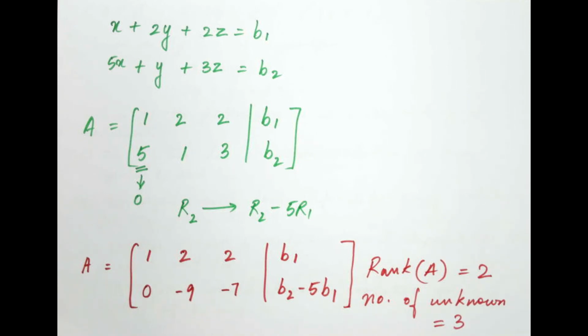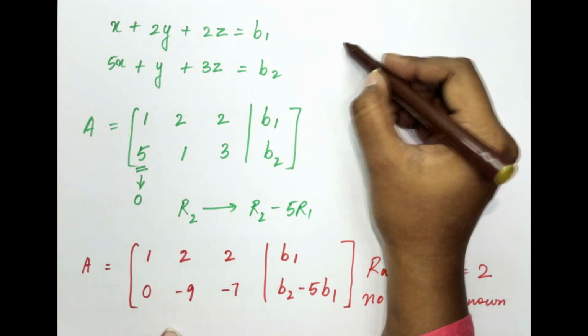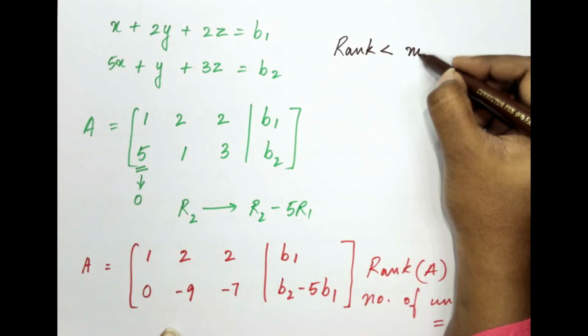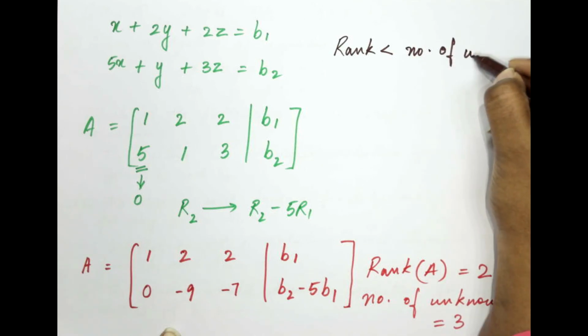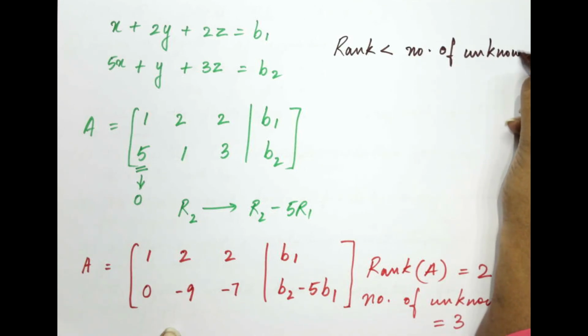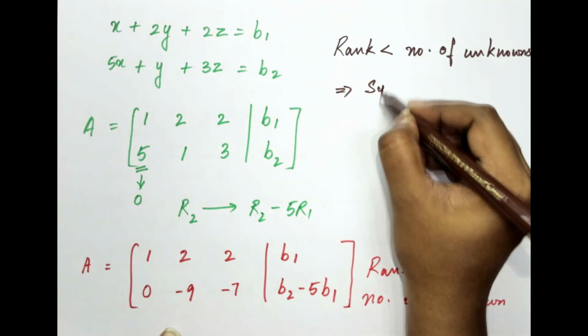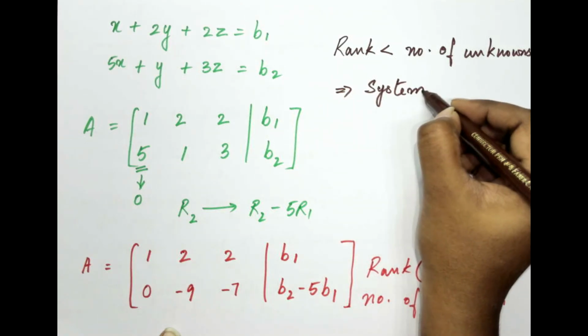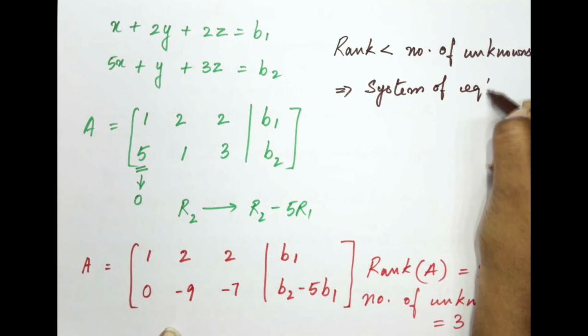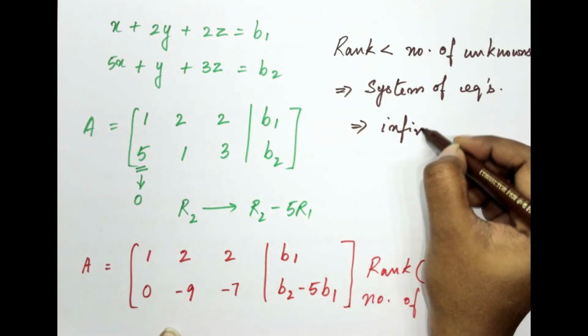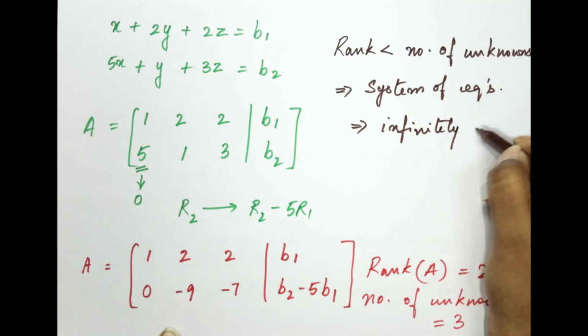Let me write that down in the top corner here. When the rank is less than the number of unknowns, this implies that the system of equations has infinitely many solutions.